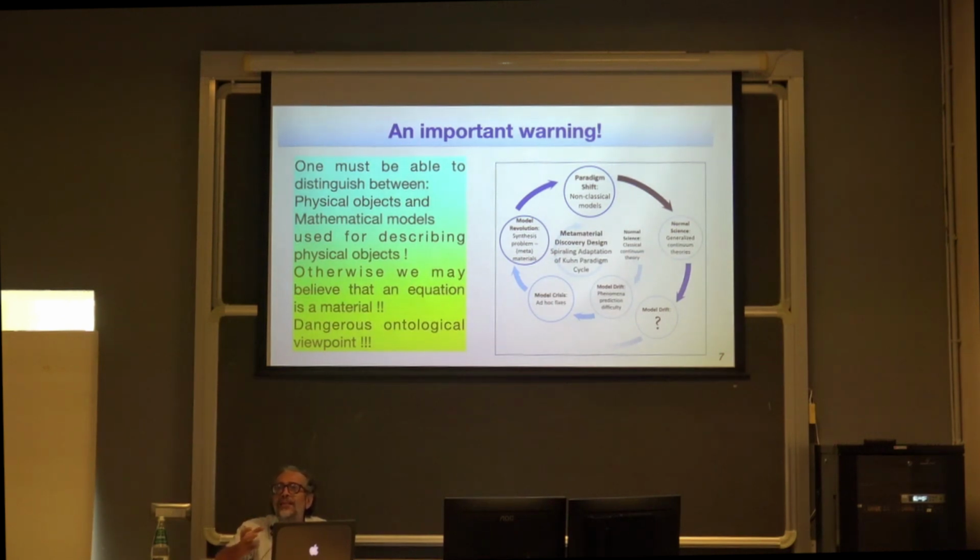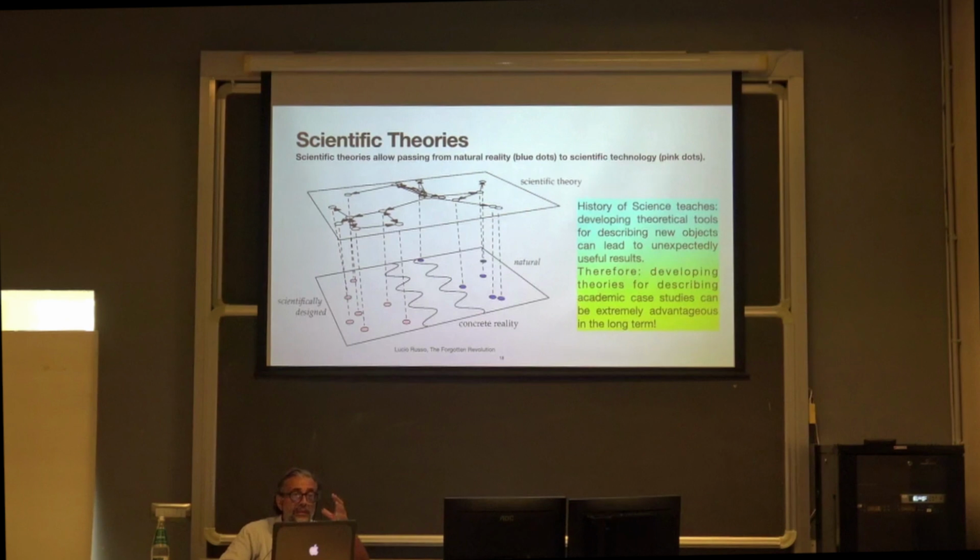People believe that Cauchy first gradient continua do exist and nothing else exists outside them. This is a typical philosophical error, which you meet in history of science systematically. So we must avoid a dangerous ontological viewpoint.